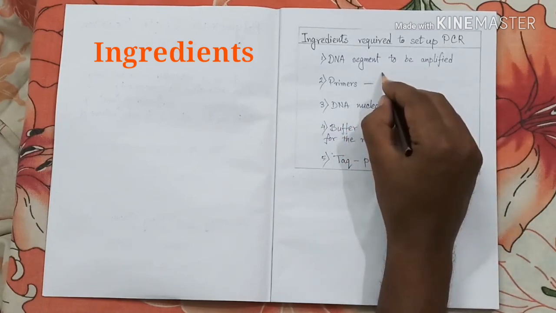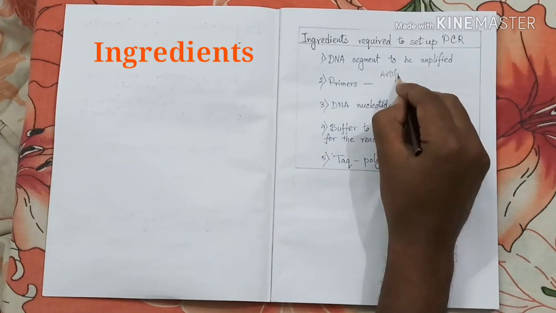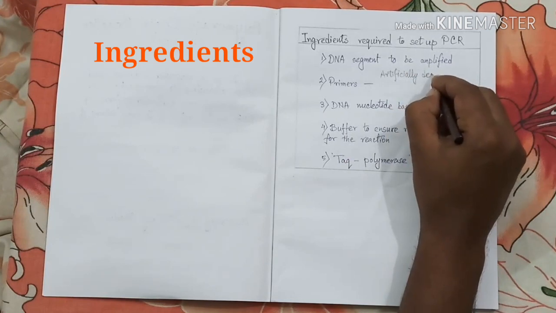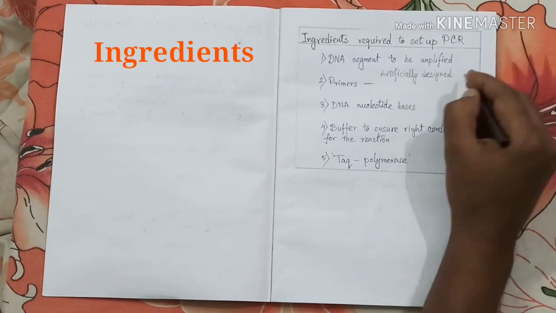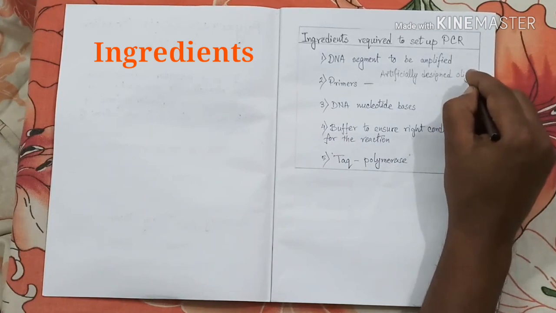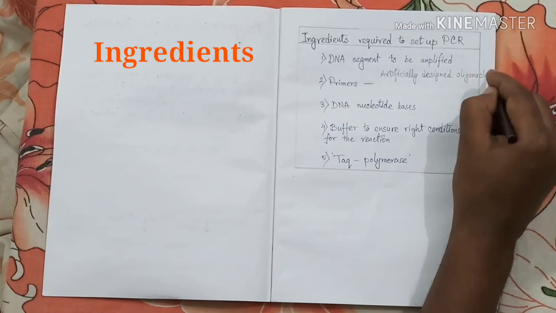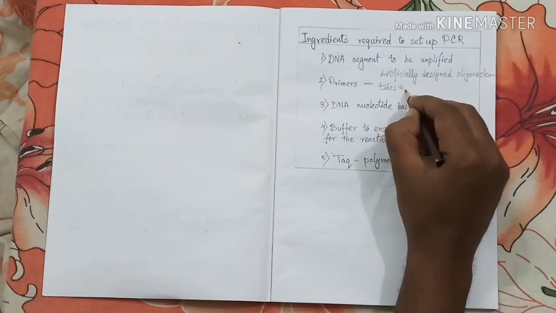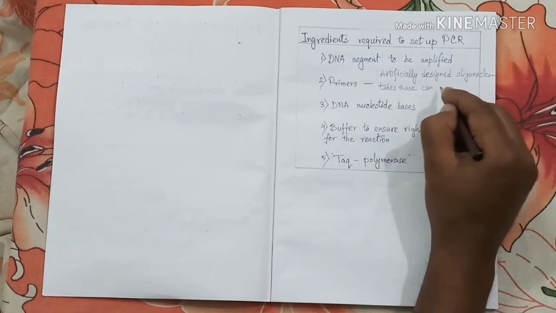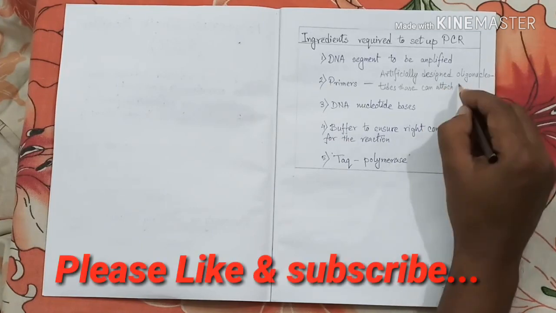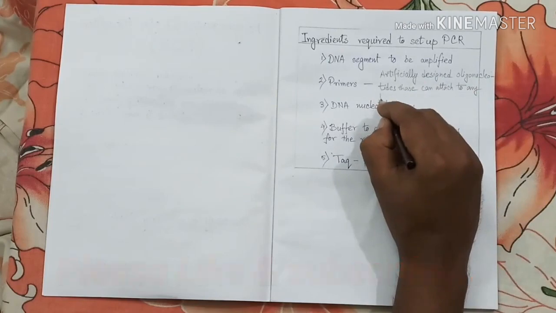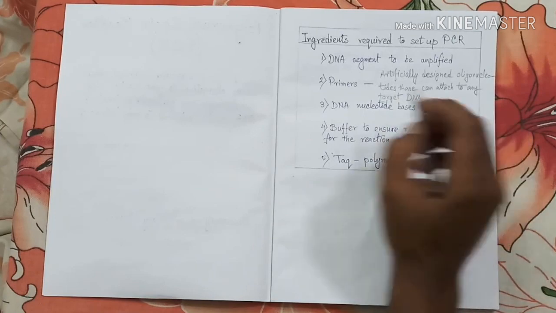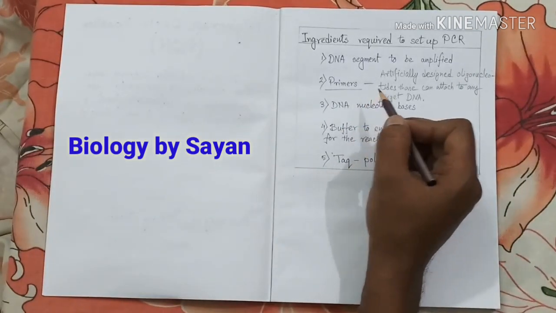What are primers? Primers are artificially designed oligonucleotides that can attach to any target DNA. So, primers are very important for this technique of PCR.